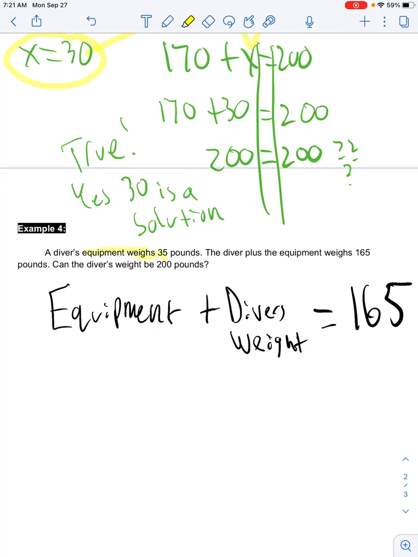I know the equipment is 35 pounds. I don't know how much the diver weighs, but I know the total is 165. So the question we're trying to solve is, can the diver's weight be 200?